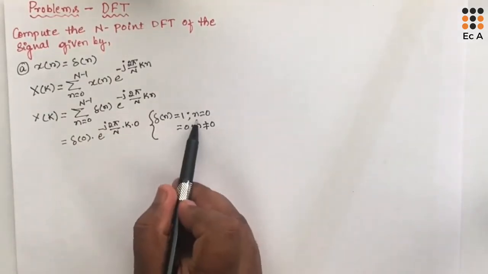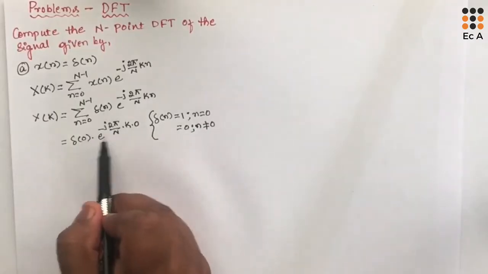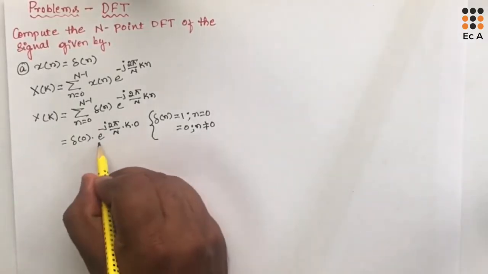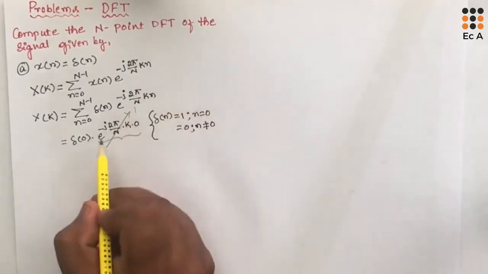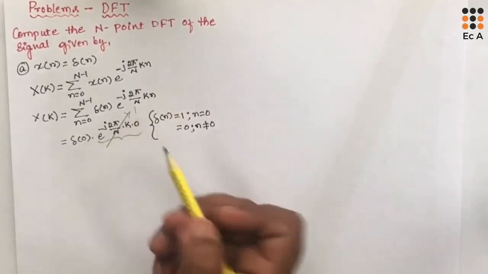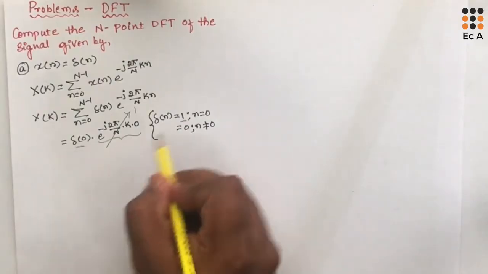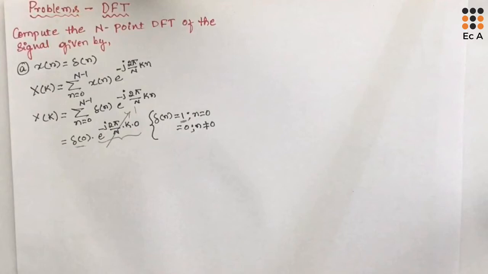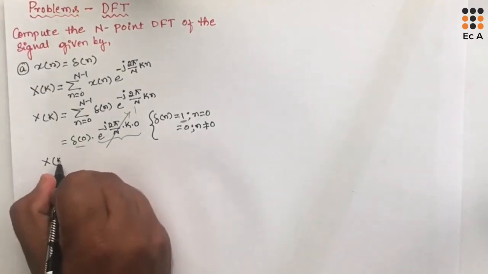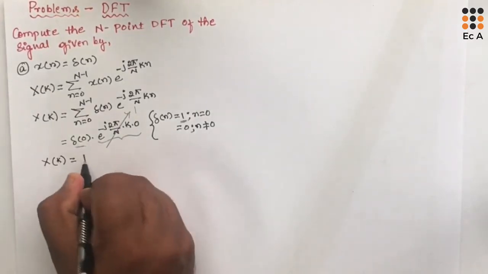So what we have done, in place of n we have substituted the value 0. Now this term will be equal to 1 because e to the power of minus 0 it will be 1. We know delta of 0 is equal to 1 since n is equal to 0. So we will get the DFT of given signal as 1.